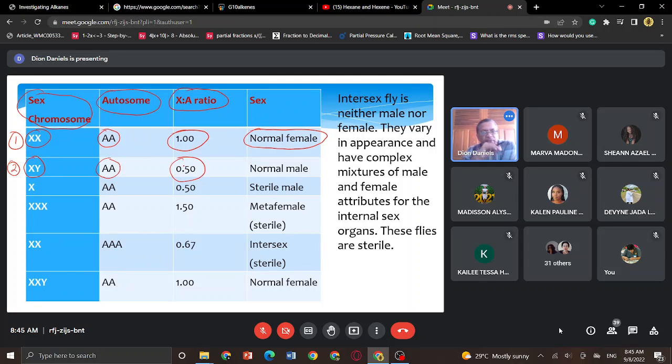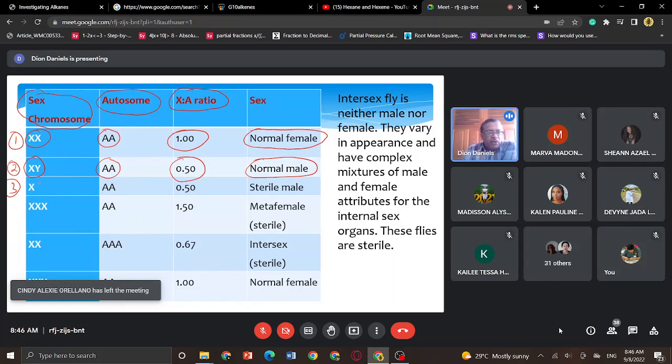So all fruit flies that have a ratio of 0.5 would be normal males. And this particular male here would be a fertile male. Why? Because we said in the previous slide that the purpose of the presence of Y is to determine fertility. Check the third one.